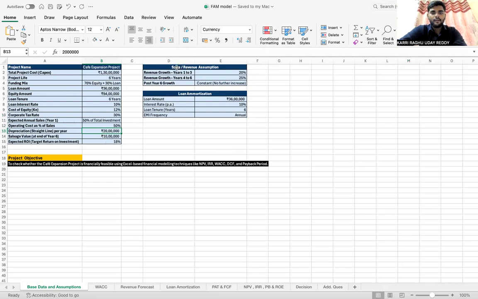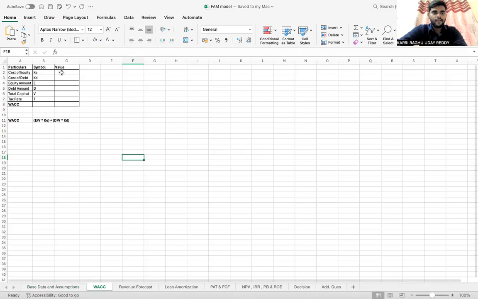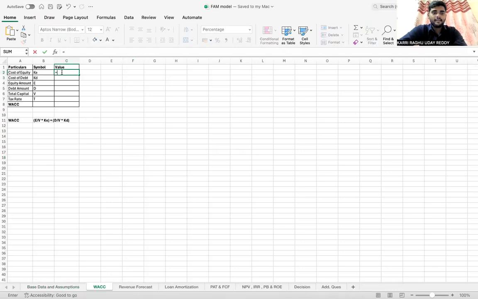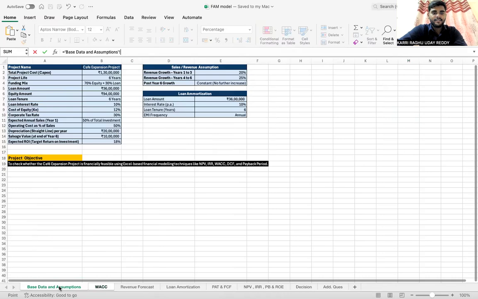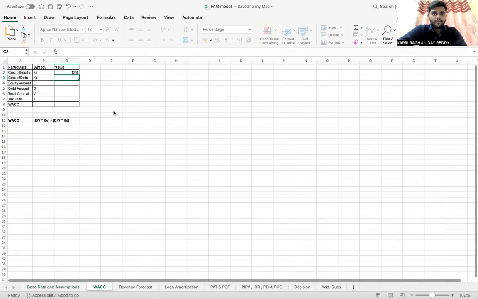Now, talking about sales revenue and growth, from year 1 to 3, the revenue growth will be 20%, and from fourth year to sixth year, the growth will be 25%. And now, let us go to the WACC calculation first. Here the Ke is given in base data and assumptions as 12%.